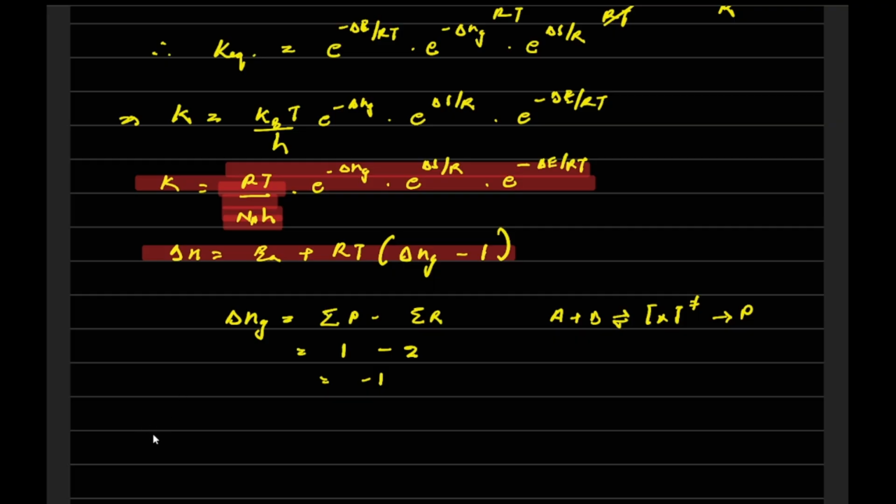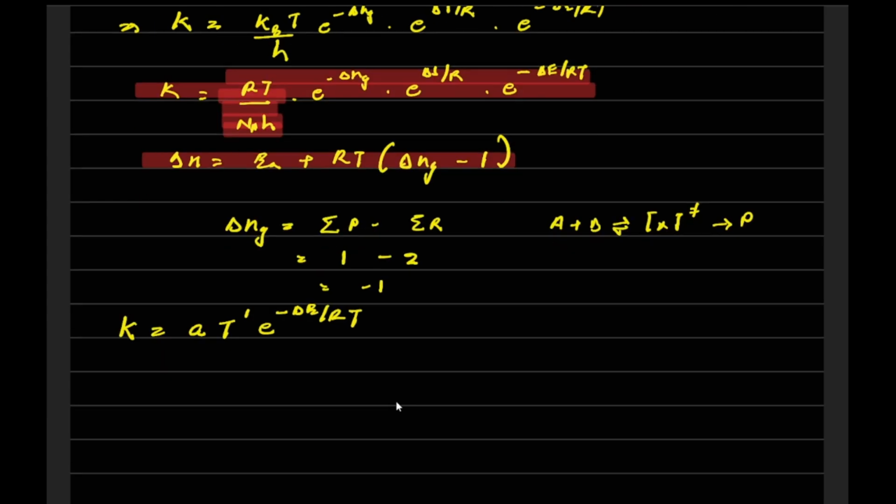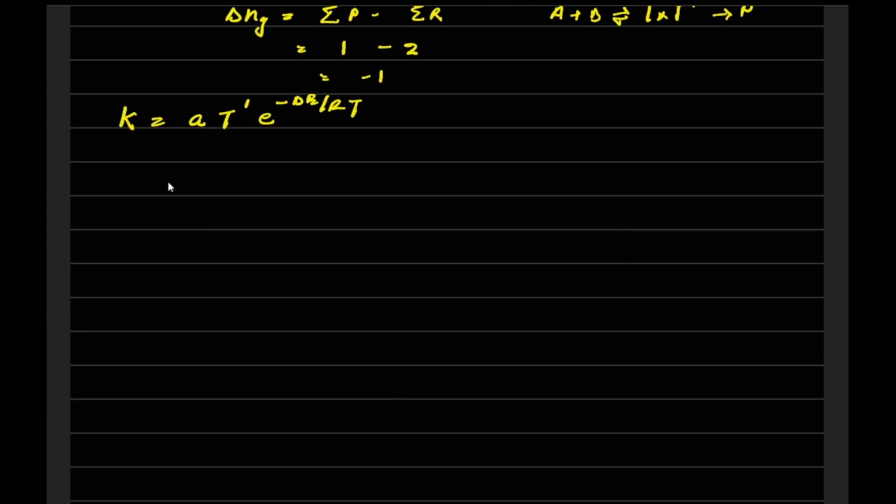So we can write k is equal to A T to the power m e to the power n e to the power minus E by RT. So here it is A T to the power 1 e to the power minus delta E by RT according to the Gardiner concept.